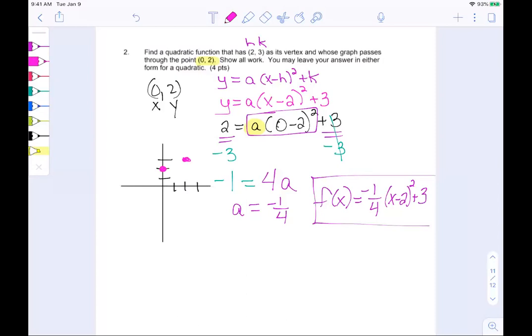If my parabola has to connect to that point, the vertex would have to connect with the y-intercept. The only way they're going to connect is by forming downward, because my vertex has to be the highest point of the graph. So I can see that the graph does match the equation that we found. Does anyone have questions on either of those two problems?